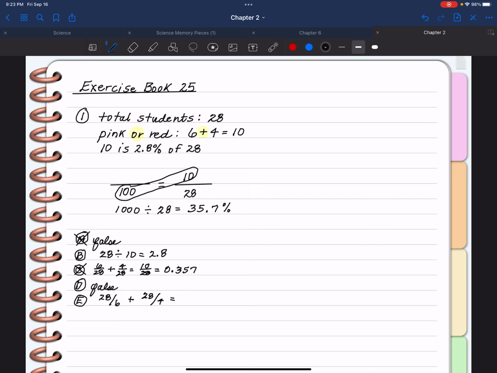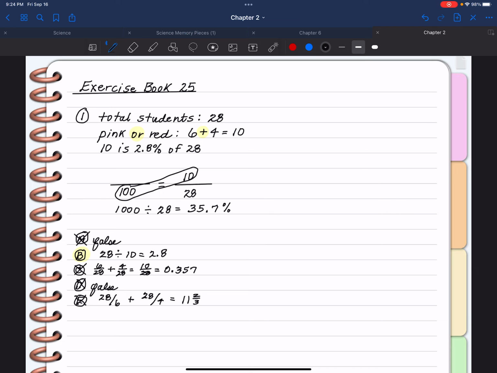So that would be 28 over 6 plus 28 over 4 equals 11 2/3. That has nothing to do with the problem at hand. So I like answer B for this one. Number 1 is B as in boy.